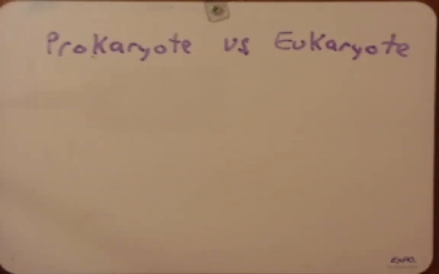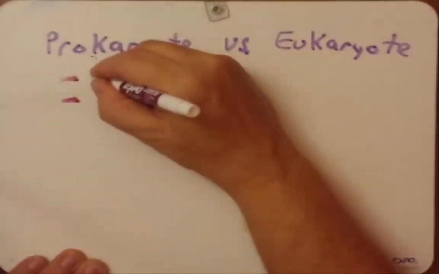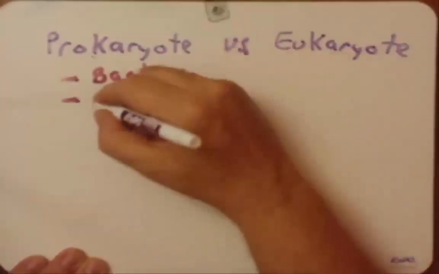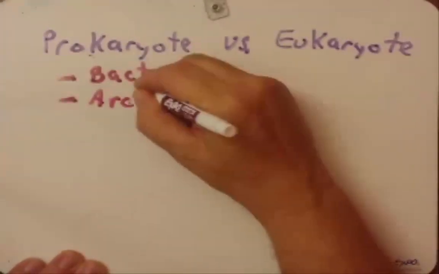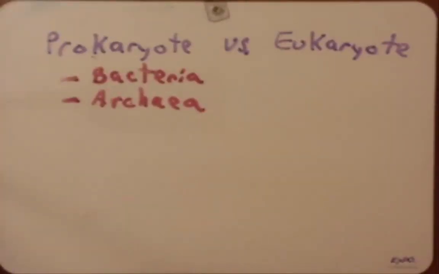There was a time when we felt that in this group of prokaryotes there were bacteria and another group called archaea. And we thought these were very similar to each other. They're small. When you look at them under a microscope, they appear very similar. They lack organelles.